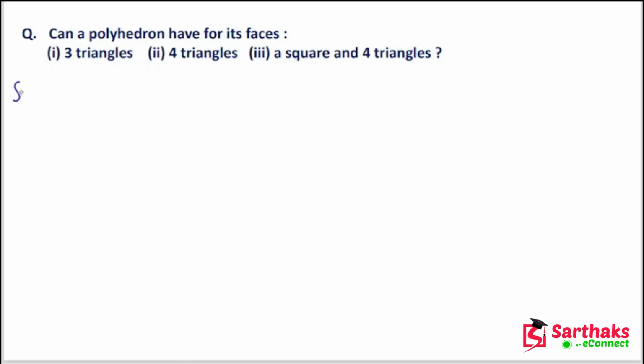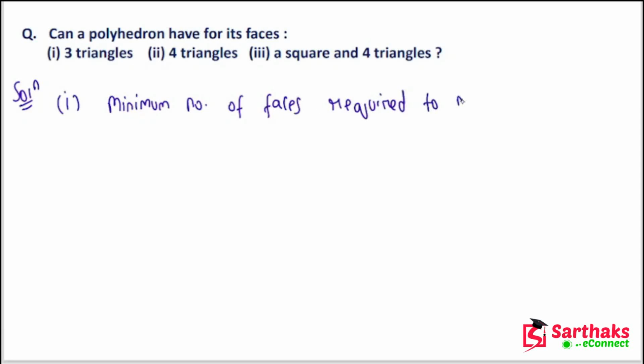Okay, so you can write here for the first part: the minimum number of faces required to make a polyhedron is equal to 4.